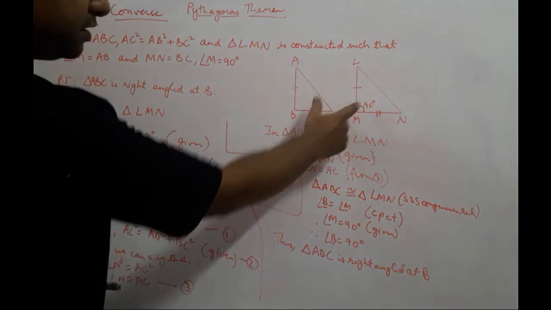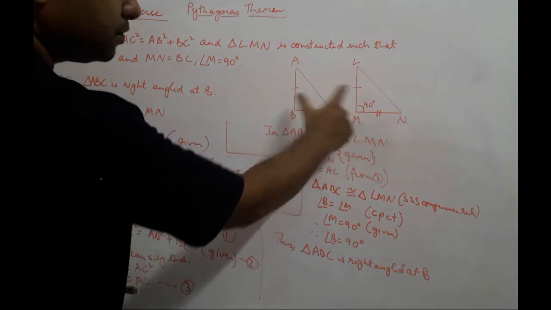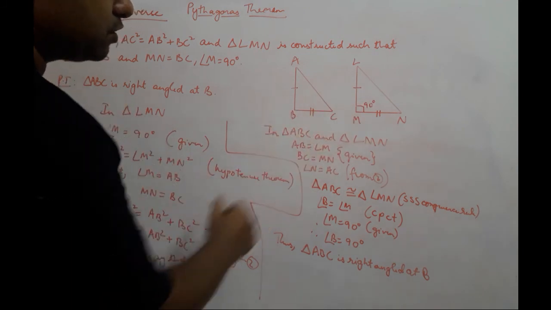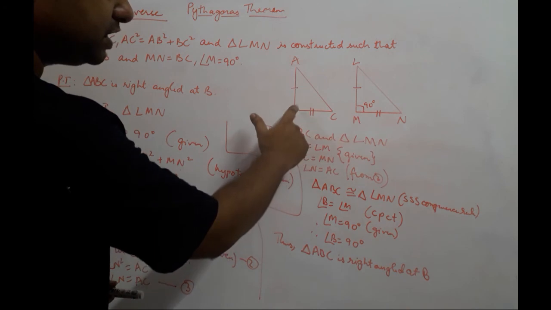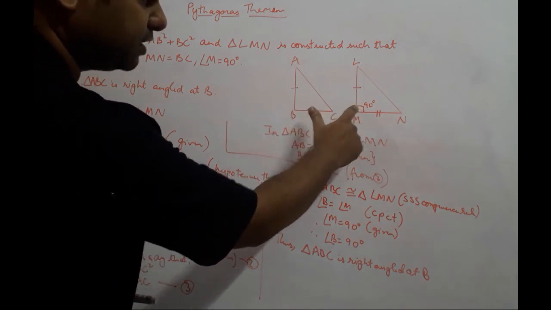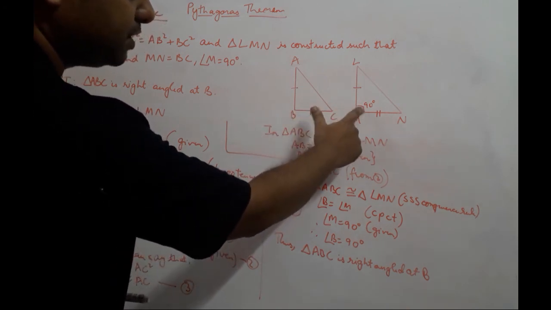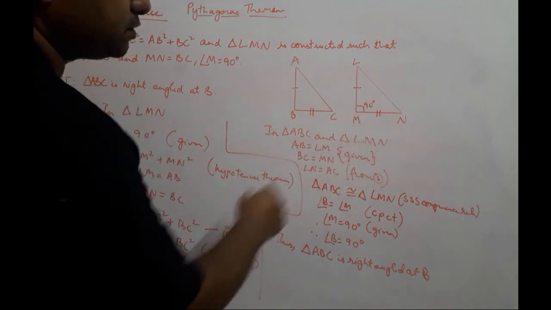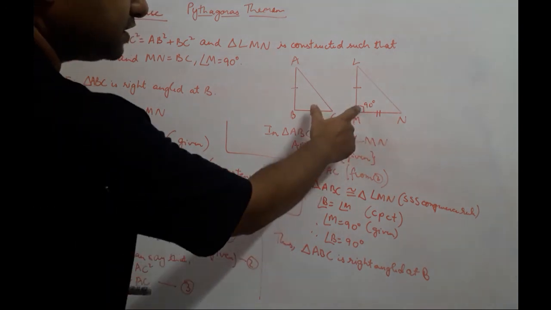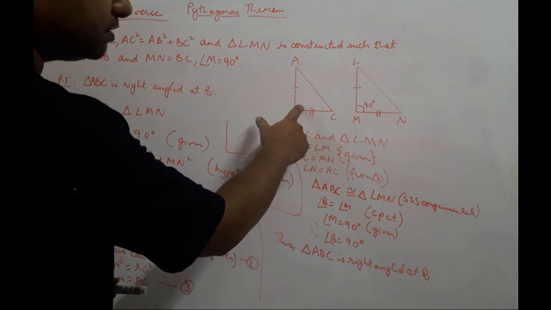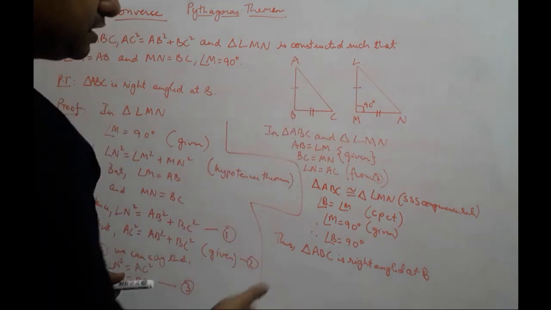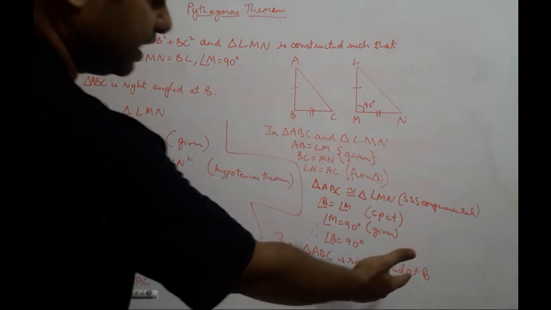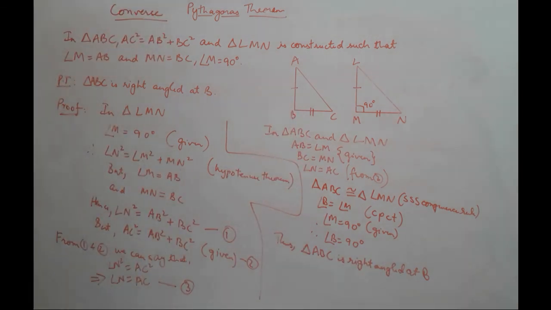Once we got that, we proved that these two triangles are congruent, and so angle B is equal to angle M. Since angle M is equal to 90 degrees, angle B is also 90 degrees, hence proving that triangle ABC is right angled at B. So this was the converse of Pythagoras theorem.